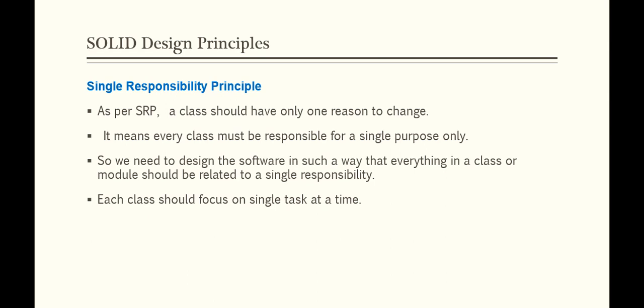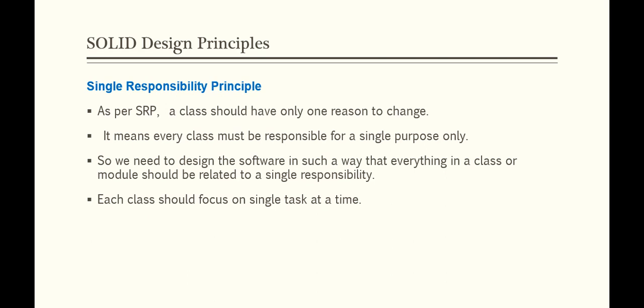So as per this SRP, what it says is, if we are going to create any class or interface, then that particular class and interface should have only one reason to change. The meaning of this is that every class must be responsible for a single purpose.